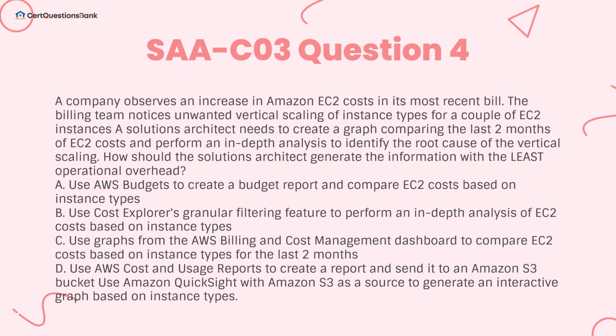C. Use graphs from the AWS Billing and Cost Management dashboard to compare EC2 costs based on instance types for the last 2 months. D. Use AWS Cost and Usage Reports to create a report and send it to an Amazon S3 bucket. Use Amazon QuickSight with Amazon S3 as a source to generate an interactive graph based on instance types.